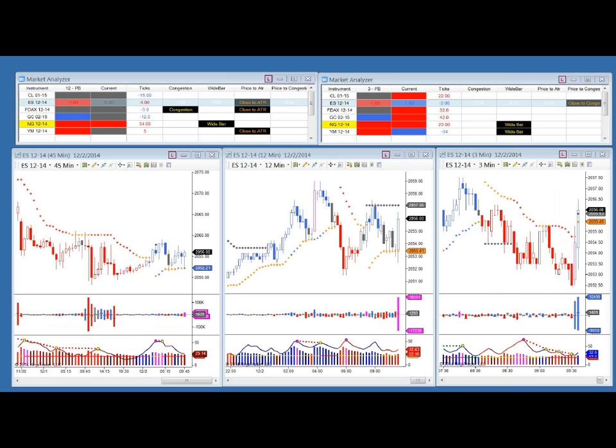I sure am glad I didn't take that short. How many people in this room are glad they did not take that short because they talked themselves into it? What held price up today? 12 and 45.